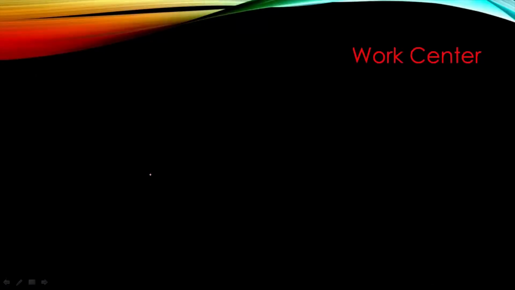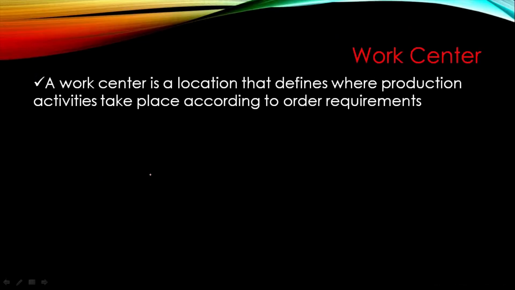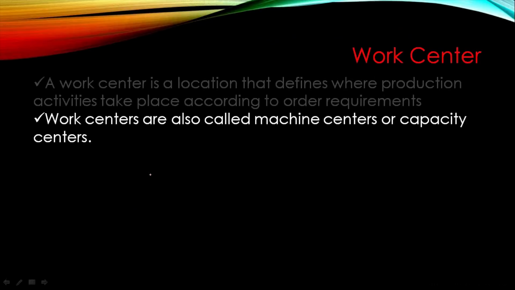Now let us see some theory about work center. A work center is a location that defines where production activities take place according to order requirements. Work centers are also called machine centers or capacity centers.